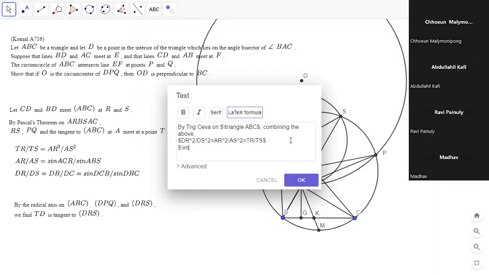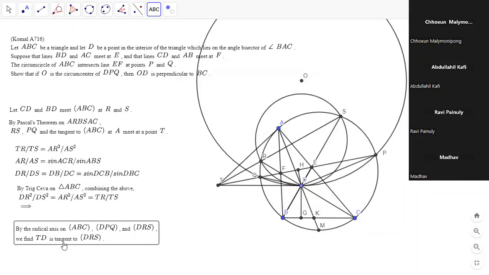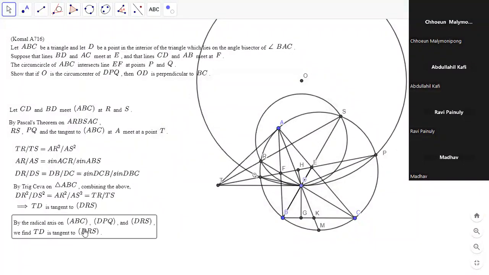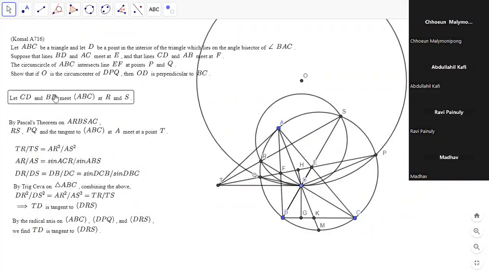And that means that it's tangent, right? So that implies that TD is tangent to DRS. And then we can use the radical axis theorem, and that proves that TD is tangent. And if TD is tangent, then that means TD is parallel to BC. That's just an angle chase, right?